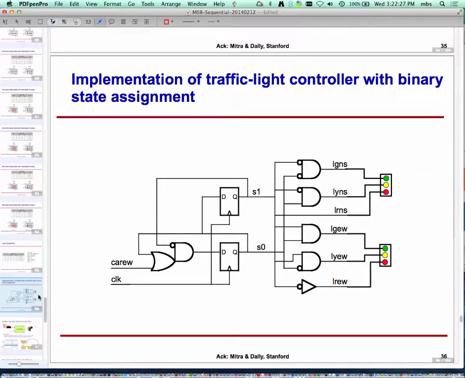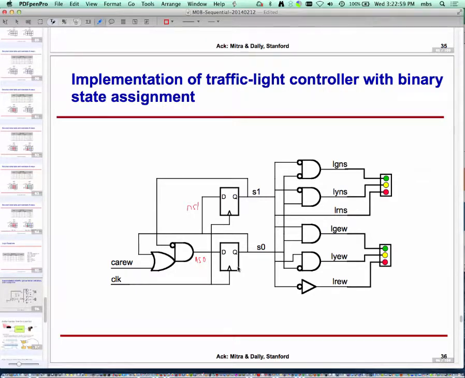So when you put everything together, we end up with a system like this. Now I have 2 flip-flops corresponding to the 2 state bits, state bit 1 and state bit 0. Those states are controlling the lights, and are also feeding back and giving me the next state. This is next state 1, and this is next state 0.